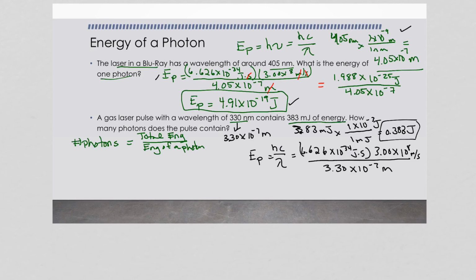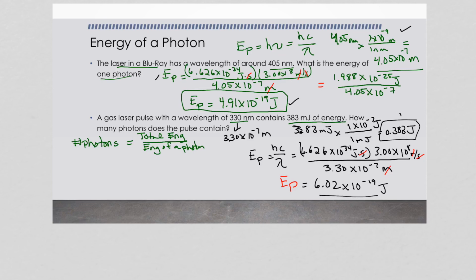Again, my meters cancel, my seconds cancel, and we end up with energy units. So the energy of the photon equals 6.02 times 10 to the minus 19 joules. So we have the energy of a single photon here.